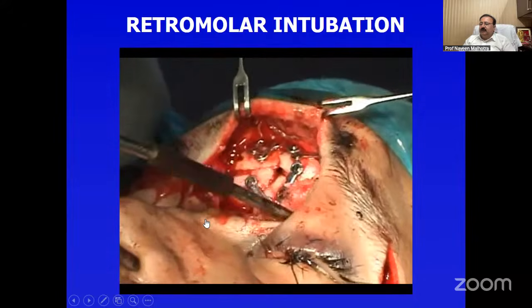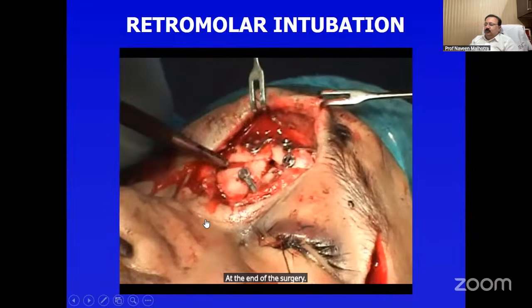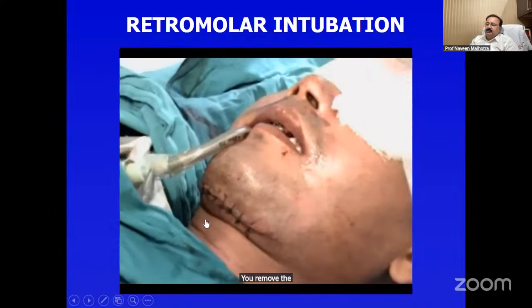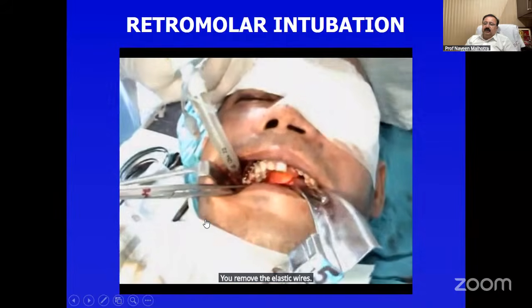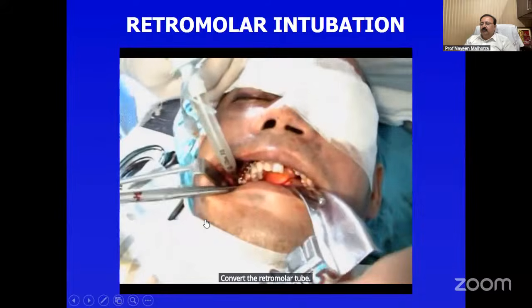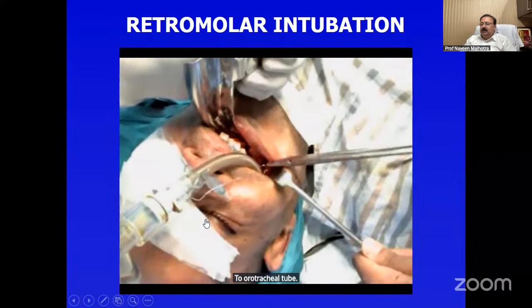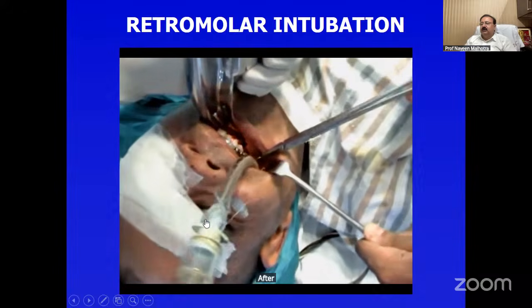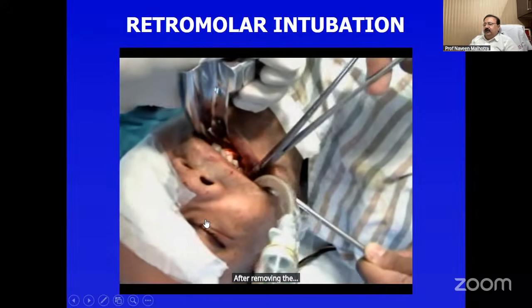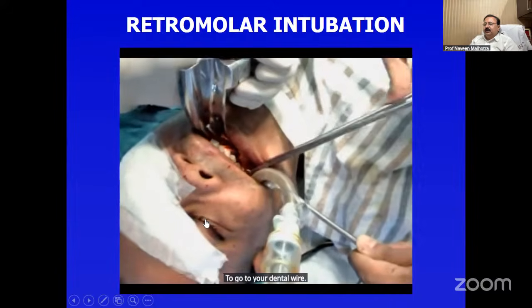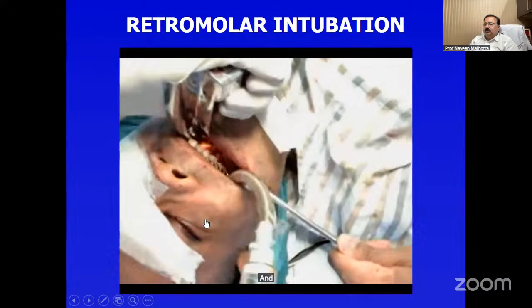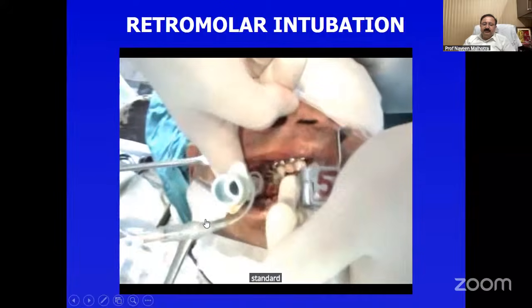At the end of the surgery, you remove the elastic wires, convert the retromolar tube to an orotracheal tube, and after removing the figure of 8 dental wire, extubate as per the standard regime.